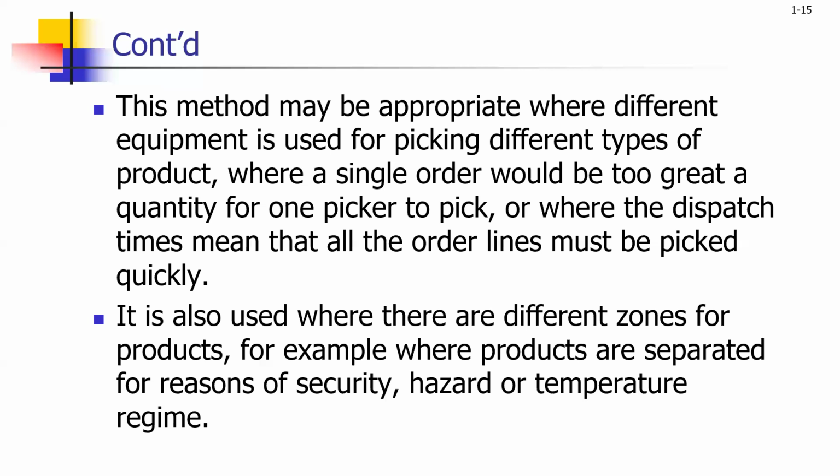Okay, so this method may be appropriate where different equipment is used for picking different types of product, so that when we have just one single order, you can put the quantities together, one after the other.